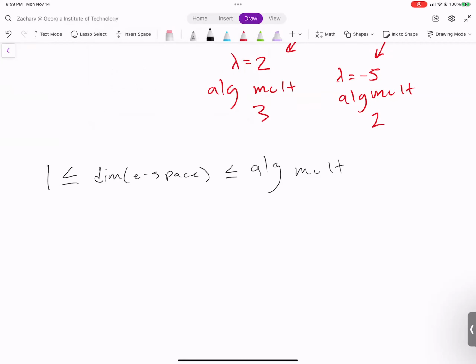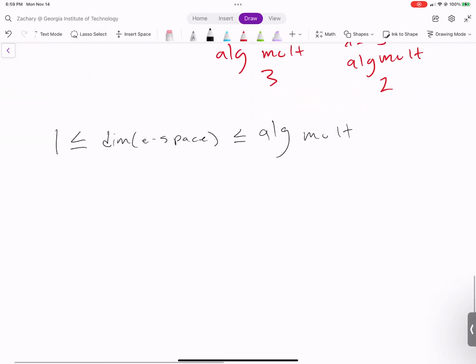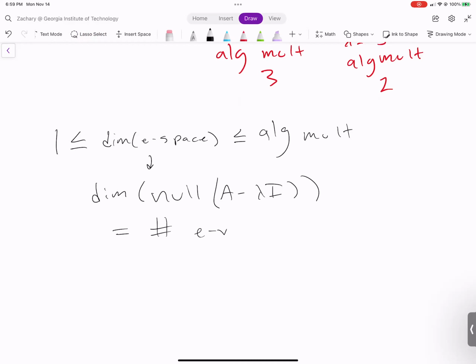But how do we find the dimension of the eigenspace? Well, we define the dimension of the eigenspace as the dimension of the null space of A minus lambda I. That's what this is equal to: the number of eigenvectors for a single eigenvalue, for a lambda.